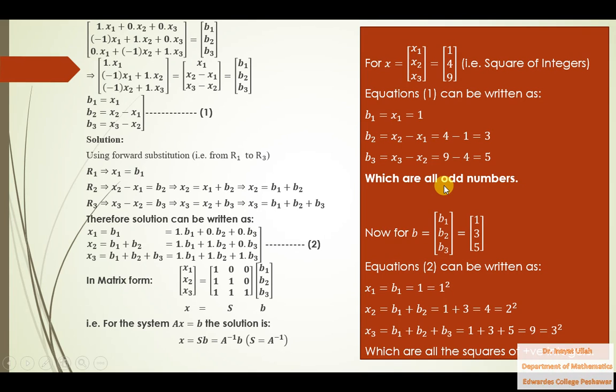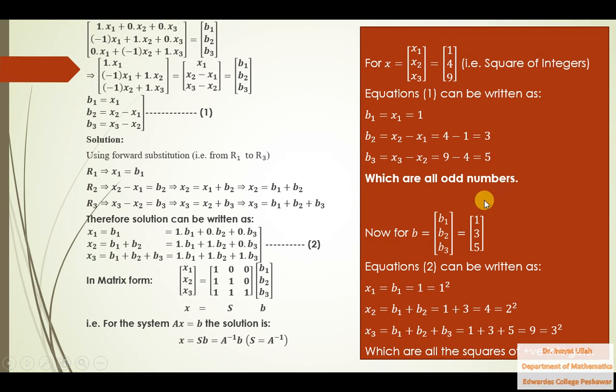So it means that the sum of the first 3 odd numbers is the square of integers: the square of 1, the square of 2, the square of 3.